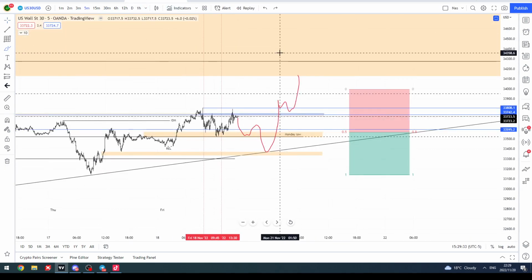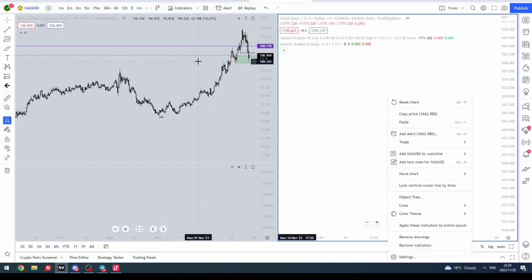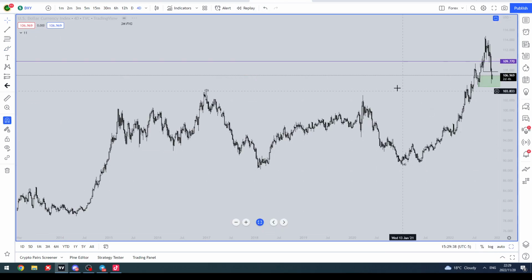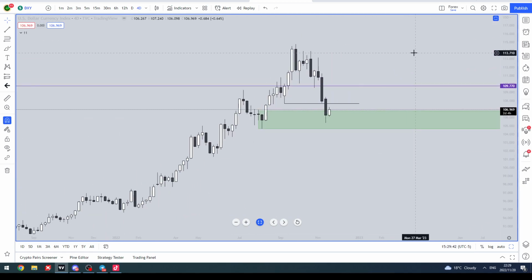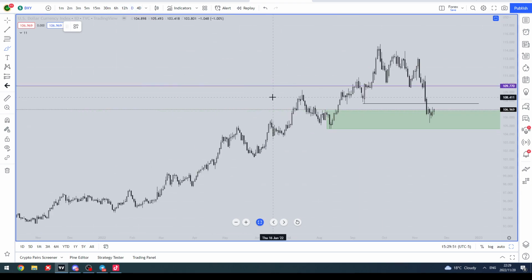We could take DXY. Right, so DXY. This is on a 4-day, very high.